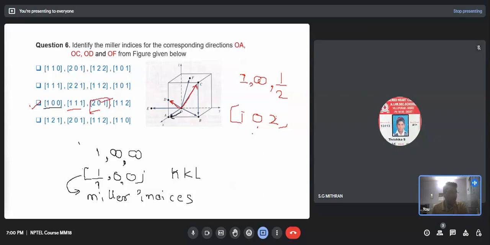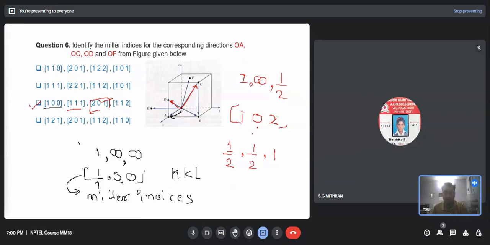And now we'll move toward the OF direction. So for the OF direction, we'll calculate the corresponding Miller indices. So it is in the y-axis. It is x-axis. It is at 1.5 and half, and at half. And for the y-axis, it is also half. At the z-axis, it is at 1.